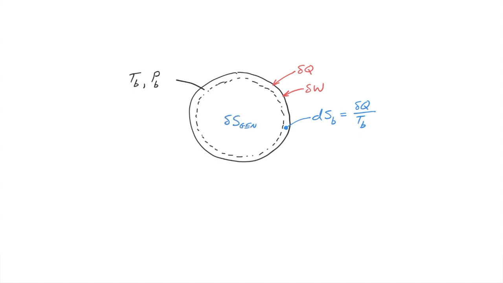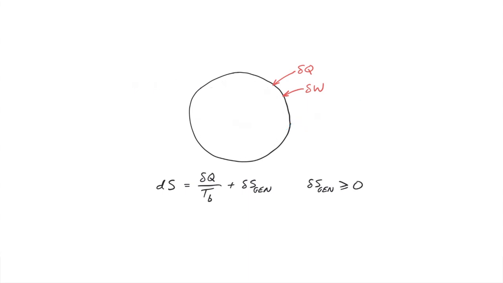Invoking the fact that the entropy is extensive, we can say that the change in entropy S of the entire system, including the boundary region, is dS equals dq over T_B plus dS_gen, where dS_gen is greater than or equal to 0. Following this step, we turn the heat and work off, re-isolating the system. At this point, it's possible that the boundary region will no longer be in equilibrium with the rest of the system, and thus the system will relax to a new state via internal flows of mass and energy.